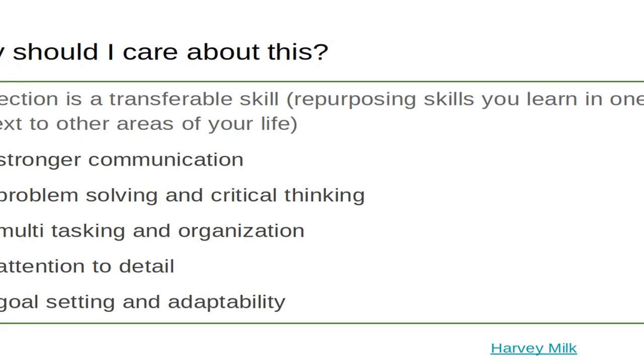As you are reflecting about your writing or any other skills that you have, you are using critical thinking during that. You also are using multitasking and organization, right? When you're reflecting, you are organizing your thoughts. You are thinking about a lot of things at once, and you're thinking about how you can actually get to the goal that you want to get to, etc. Again, communicate what you need to communicate in a clear way.